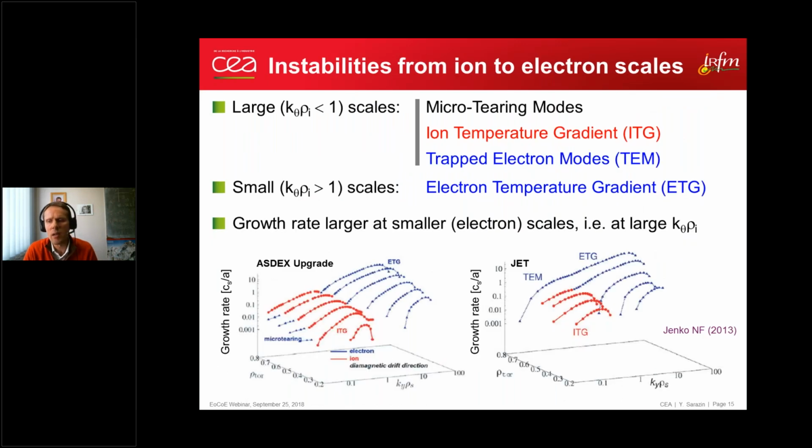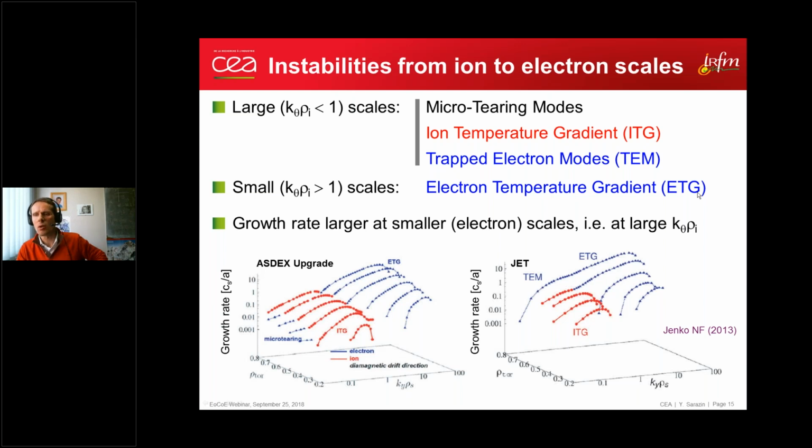There are various instabilities that develop at the electron scale. There are electromagnetic instabilities, and those are the electron temperature gradient-driven modes.